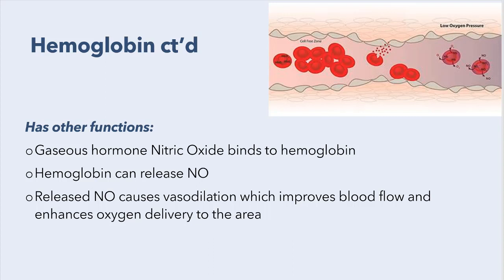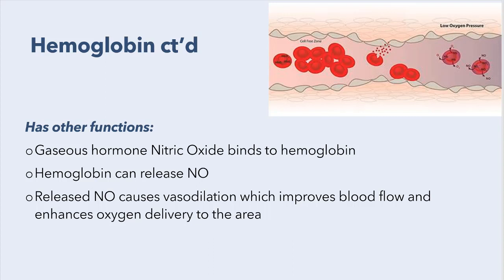It has nitric oxide, which is a gaseous hormone, bound to hemoglobin. And once hemoglobin releases nitric oxide in the circulation, the nitric oxide will cause a vasodilation, or the increase in the diameter or expansion of the blood vessels to improve blood flow to a specific area.